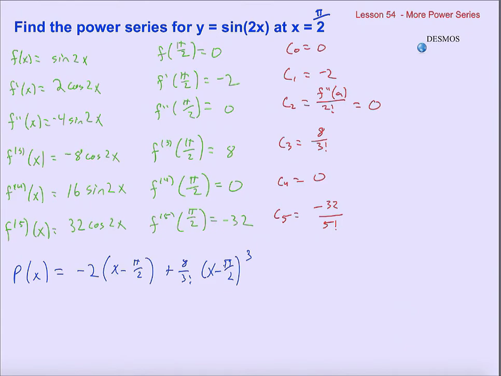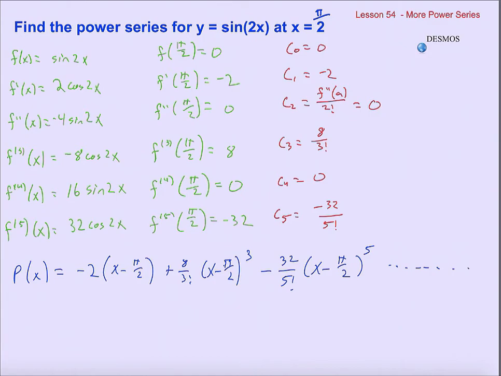Skip the fourth degree term. The fifth degree term is negative 32 over 5 factorial times x minus pi over 2 to the fifth. And this is what the directions would call the first 3 non-zero terms of the Taylor series. This one does keep going forever.